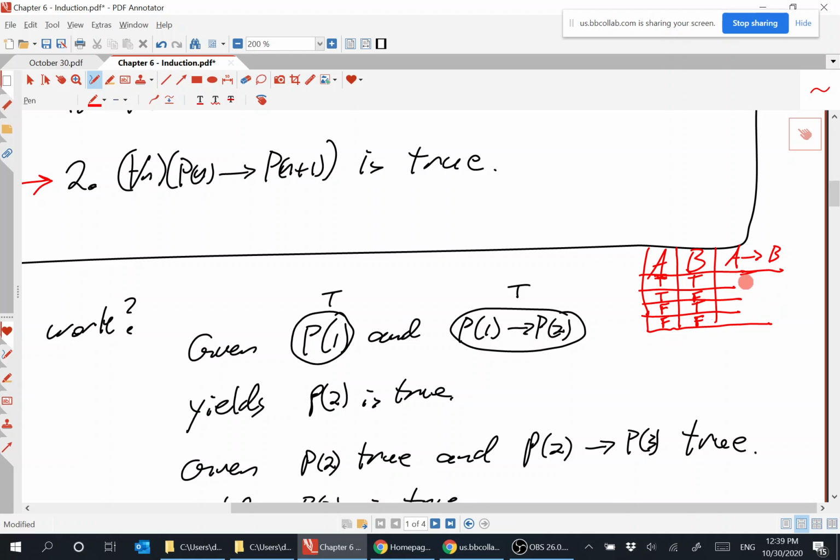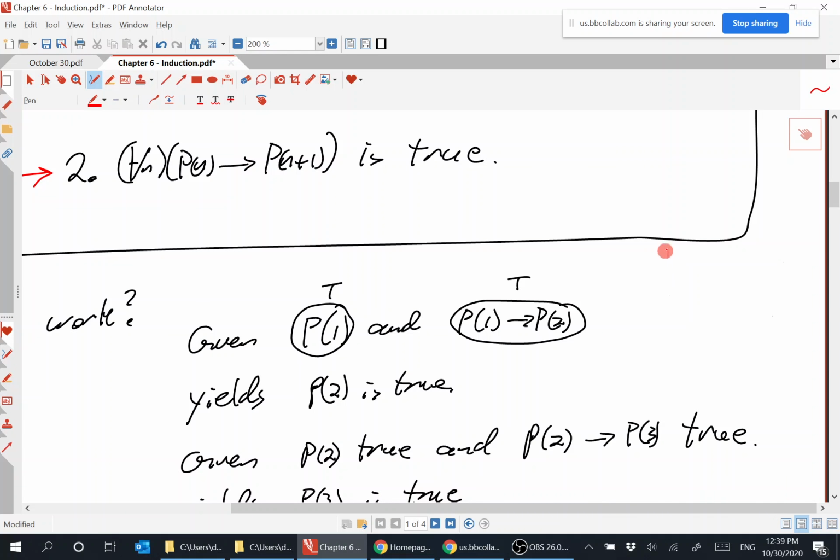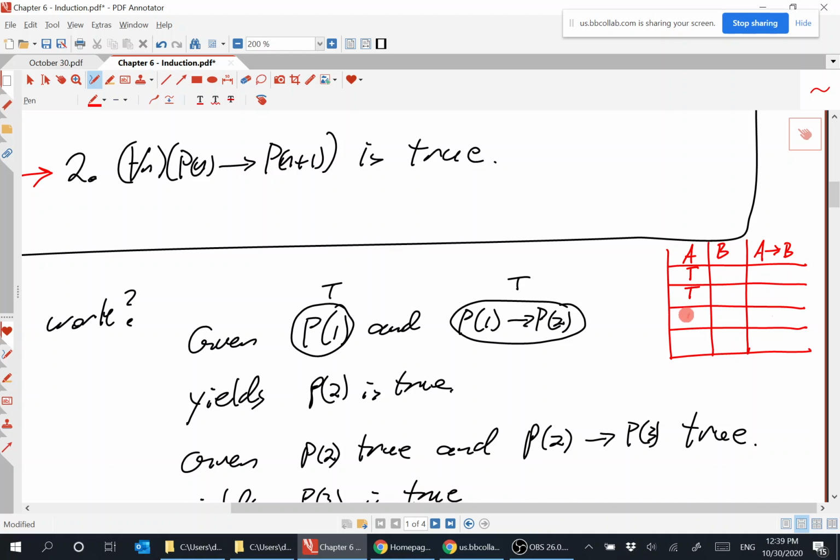And then A implies B: true, true, false, false, true, false, true. So when A is true and A implies B is true, we must be in row 1. Row 1 has A true and A implies B true. These other rows have A false and A implies B true. So we must be in that row, and therefore B is true.